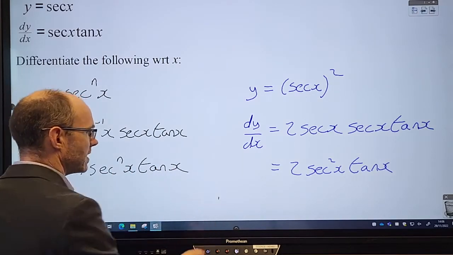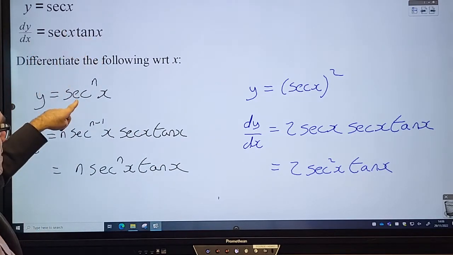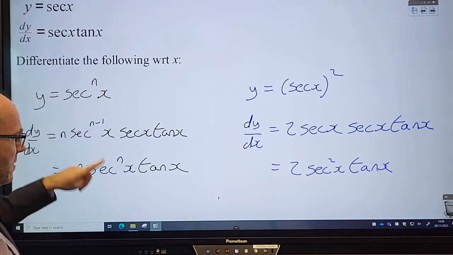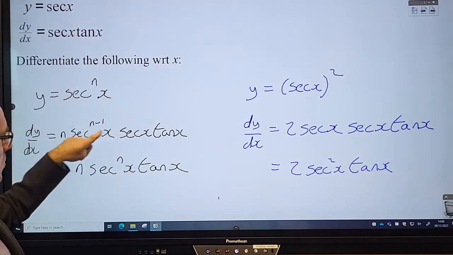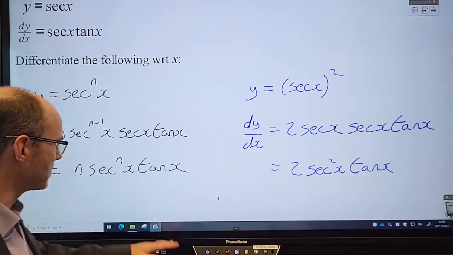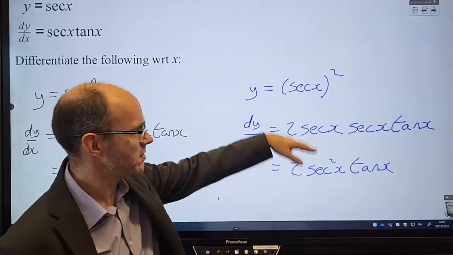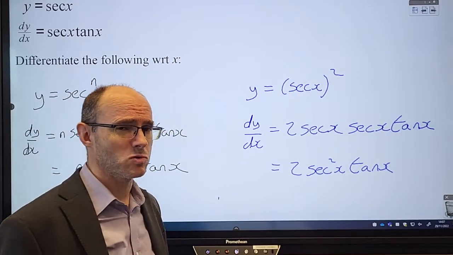Notice that because the derivative of sec x is sec x tan x, the derivative of sec to the power of n x ends up being something involving sec to the power of n x, because when you multiply these two together. Just a reminder, when it comes to integration, you have to know this in reverse. That's an inspection question, no working needed. It's what's called the reverse chain rule.